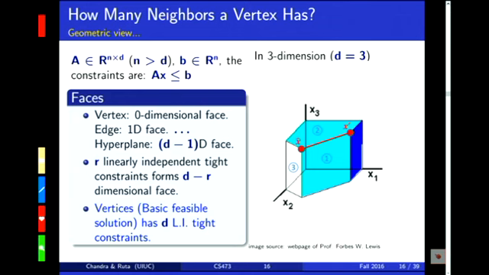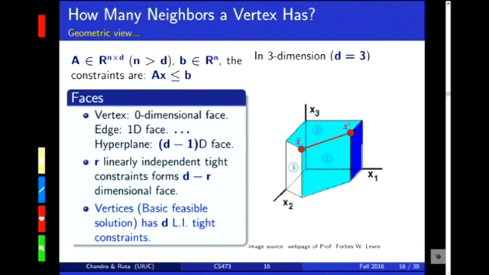When they are tight, you form a vertex, and 2 of them form an edge. If you intersect a plane with another plane, what do you get? A line, right? And you intersect it with a third plane, then what do you get? The intersection of all 3, a vertex, right?